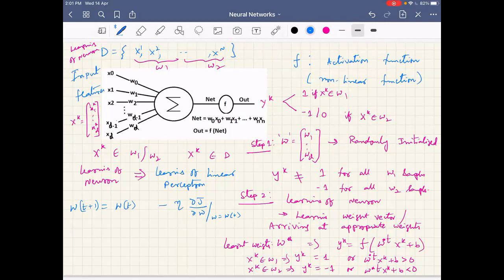So we will make use of a predefined error. What was the error we have defined? Delta K W transpose Xk, where Xk are misclassified samples.